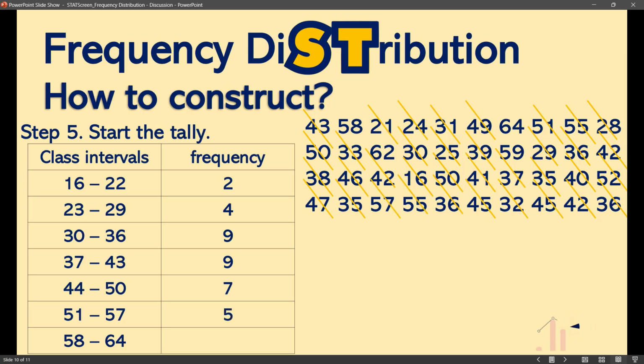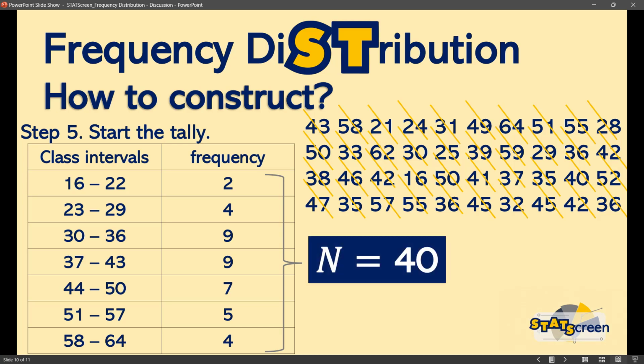And 58 to 64, you will have 4. You would know that the number of frequencies are correct if they sum up to the total number of observations, n equals 40. This is how we construct our simple frequency distribution in 5 steps.